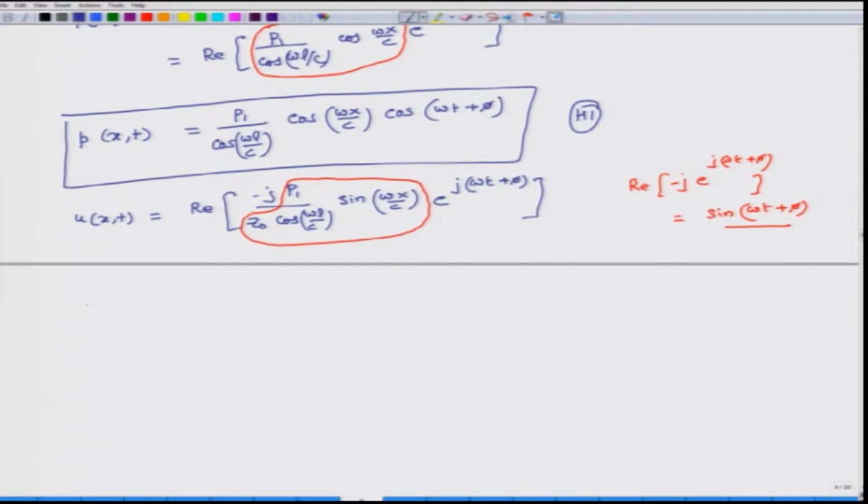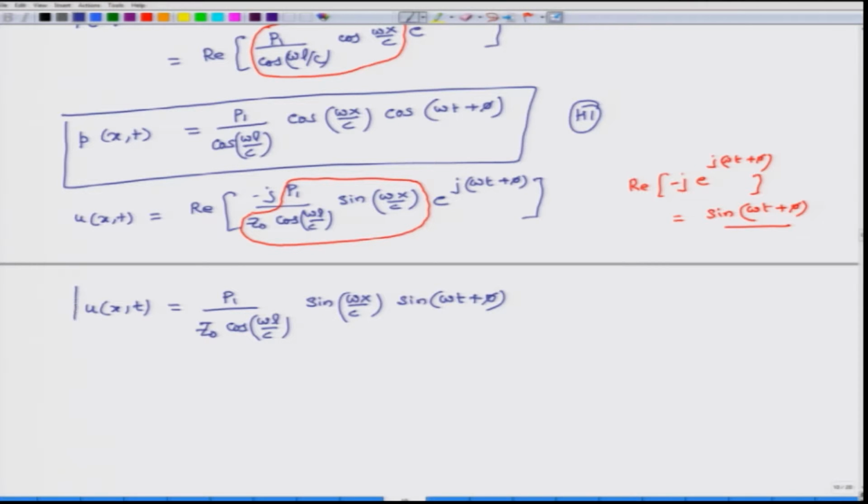So, actual velocity is equal to P1 divided by z0 cos(ωL/c) sin(ωx/c) sin(ωt+φ).